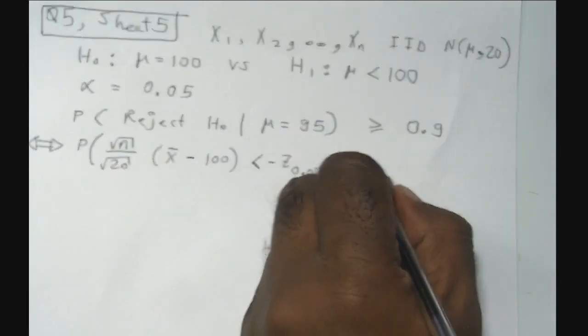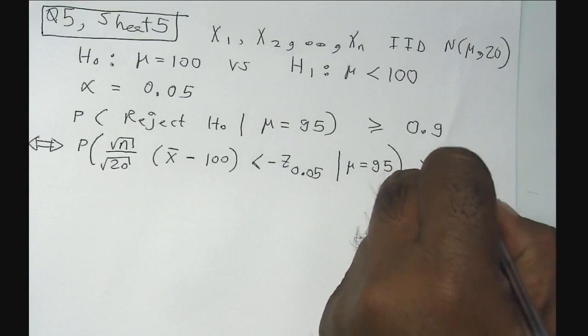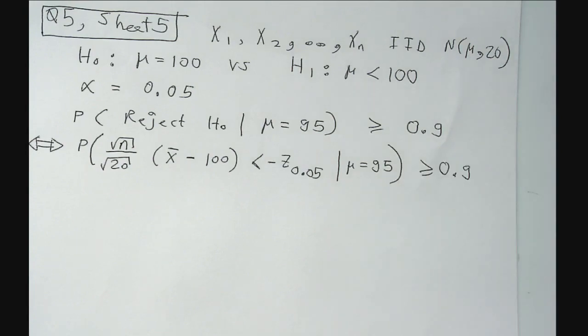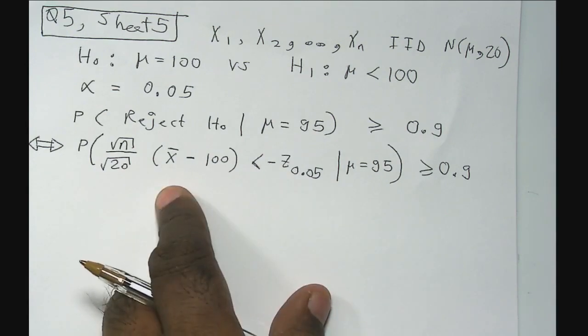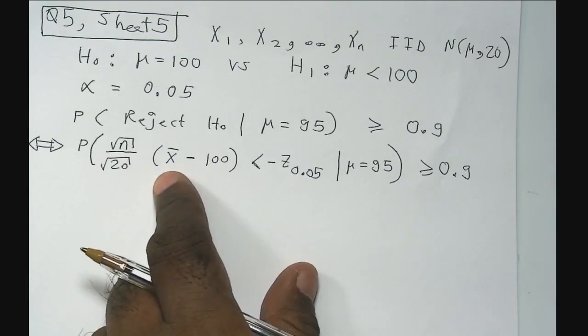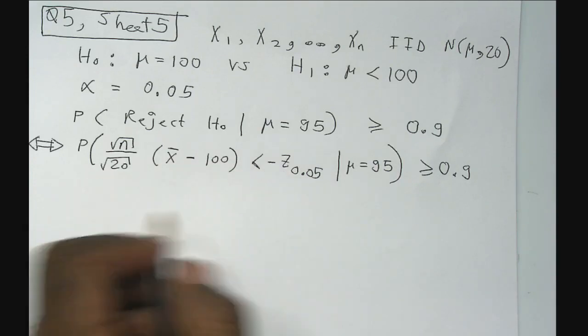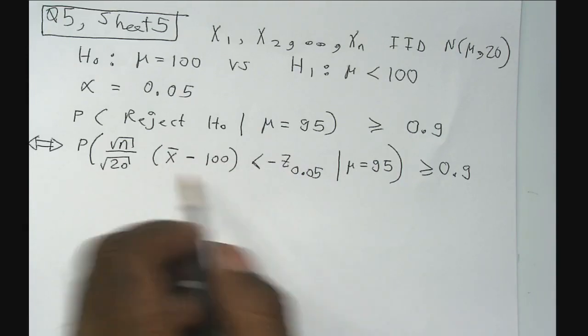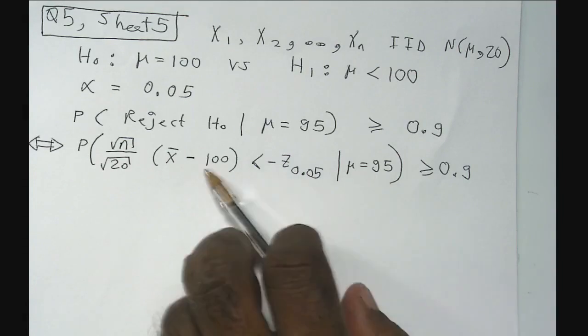Given that mu equals 95, we want this probability to be greater than or equal to 0.9. You guys know where this comes from, right? This comes from page 21 in the lecture notes. To deal with this, you must realize that the true population mean is 95, not 100.